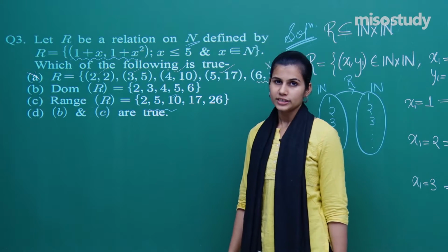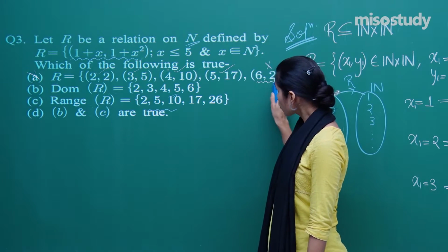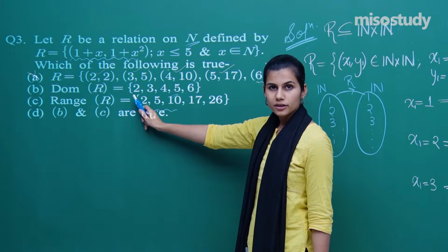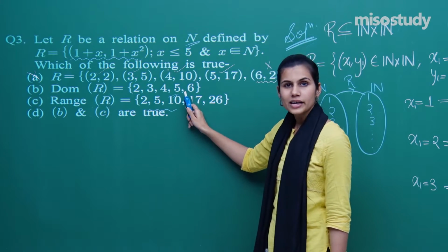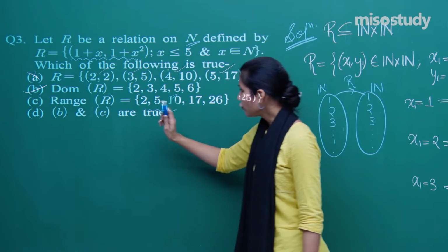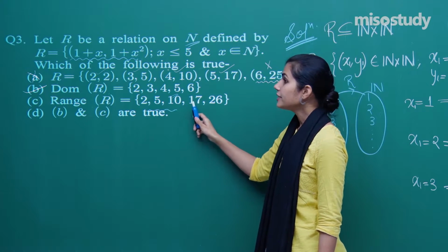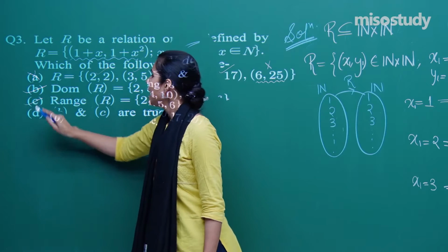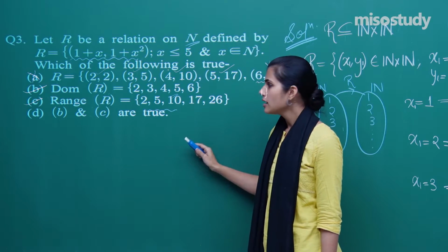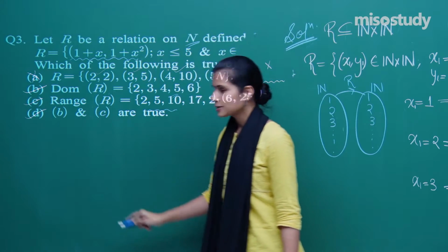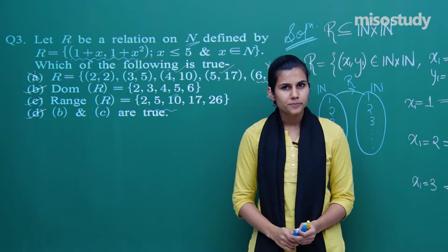My relation is not equal to this. It is equal to (6, 26) at this position. But the domain of R is yes, 2, 3, 4, 5 and 6 definitely. So B is correct. The range of R is 2, 5, 10, 17, 26. Yes, it is correct. And option D, which says both B and C are true, is also correct because yes, both B and C are true.